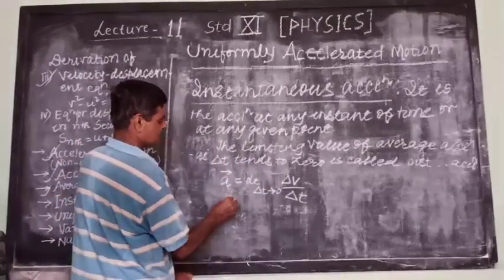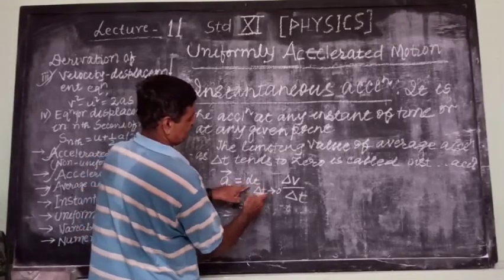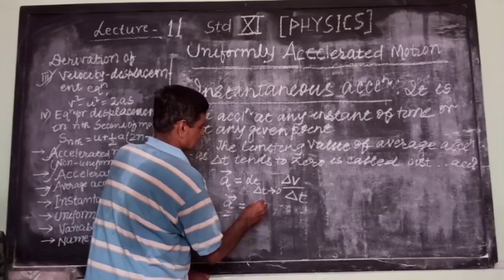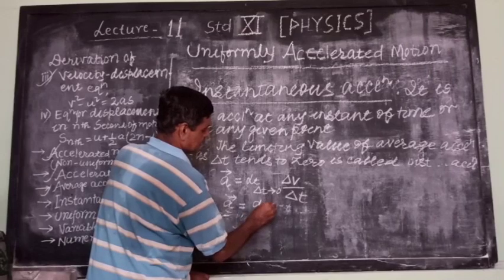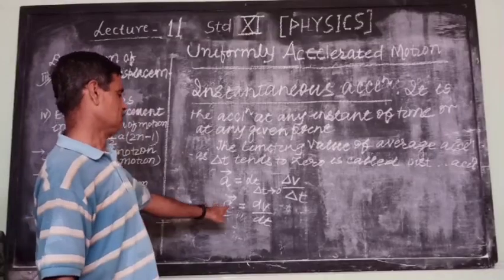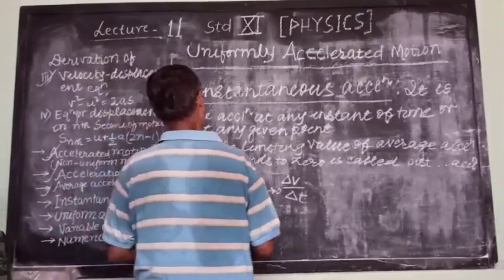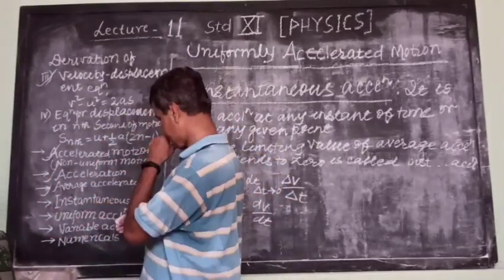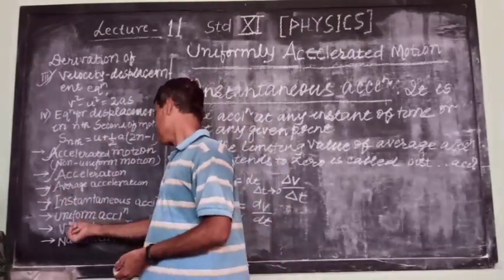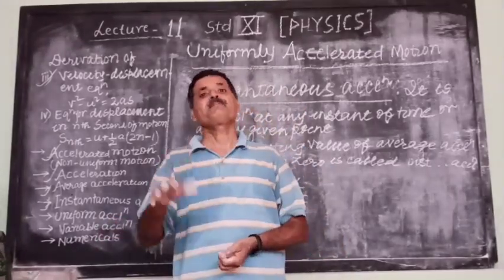So we can finally write it as limit delta t tends to 0, which will be dv by dt. In the language of calculus, this is equal to dv by dt. That is your instantaneous acceleration. Only two remain, uniform acceleration and variable acceleration.